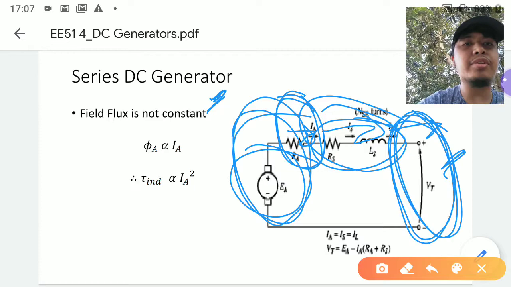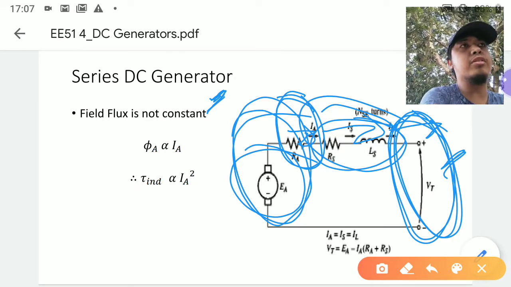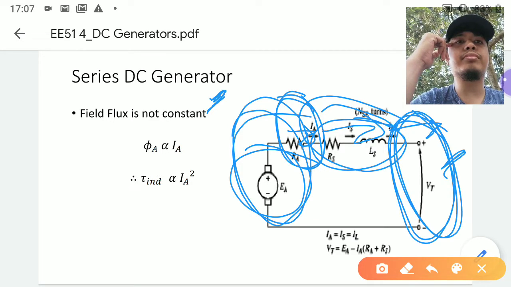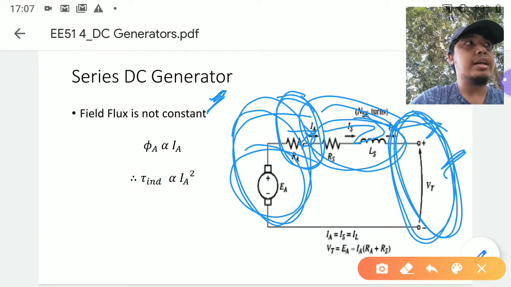It's more reliant on your load current, and it's highly variable depending on the loading. Of course, if you are not loaded, therefore you don't have a load current, and without a load current, you don't have a field current producing no magnetic field.